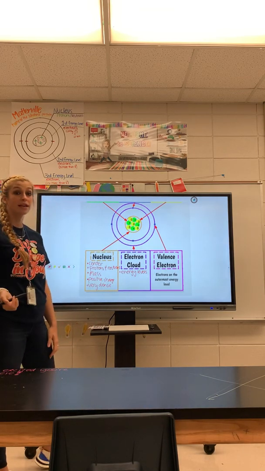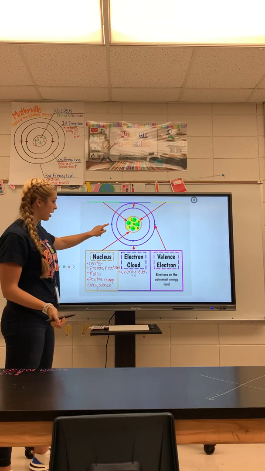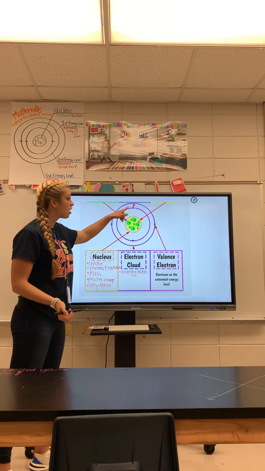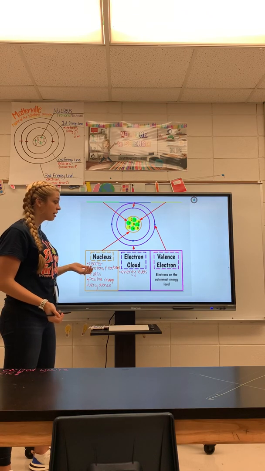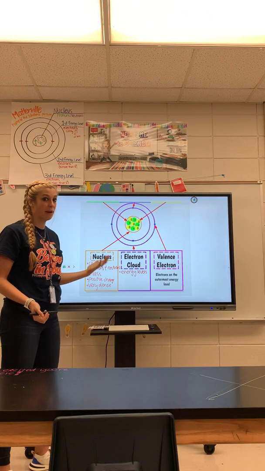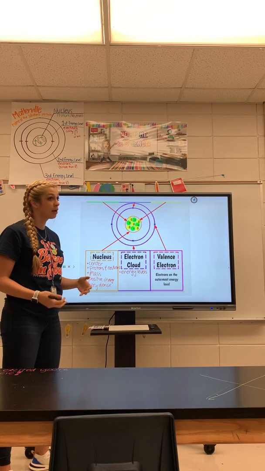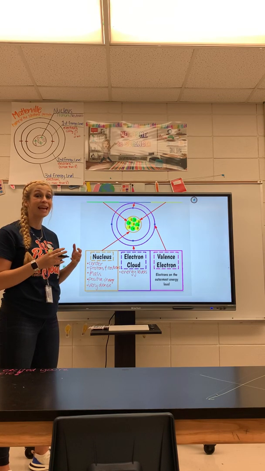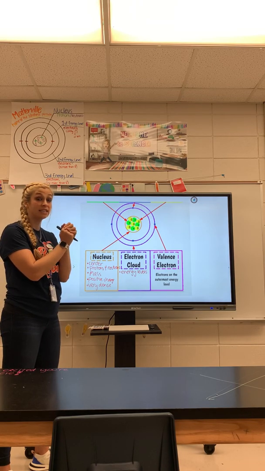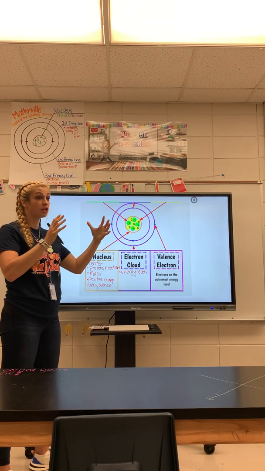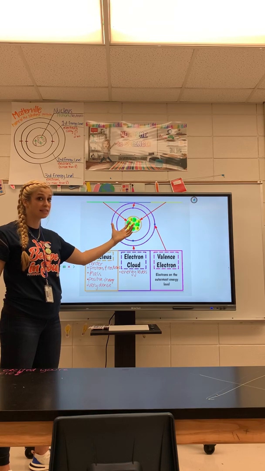So the only thing in the electron cloud are electrons. Remember, electrons have a mass of 0 AMU. So the electron cloud doesn't have a mass. There's no mass in the cloud. It just has volume because it takes up space. So really in an atom, the nucleus is tiny and it's in the center, and the electron cloud is big and it takes up a lot of space.